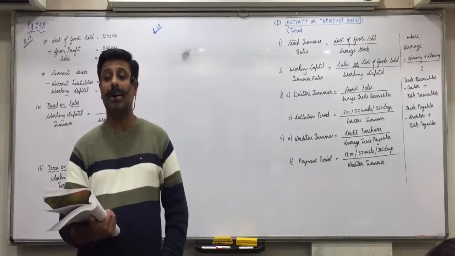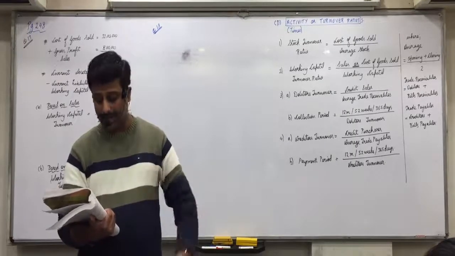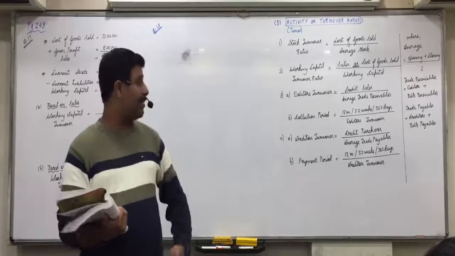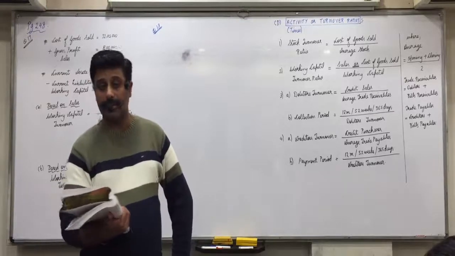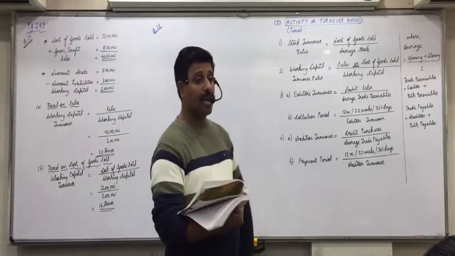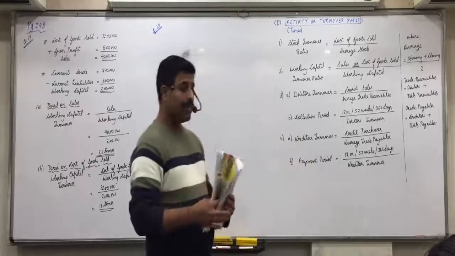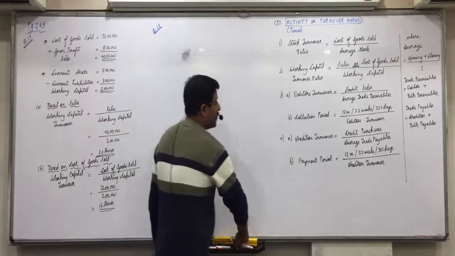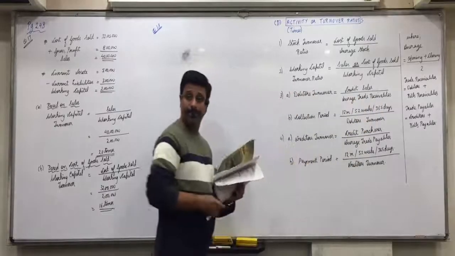Opening and closing creditors have no relevance. Credit sales is directly given. So we just need to find average trade receivables and apply the formula.